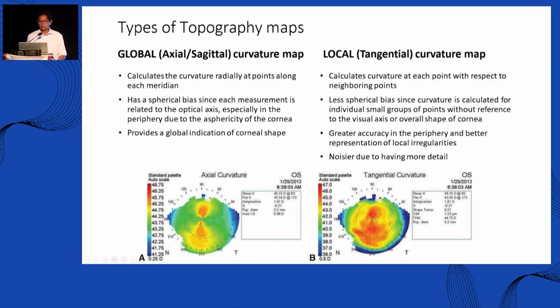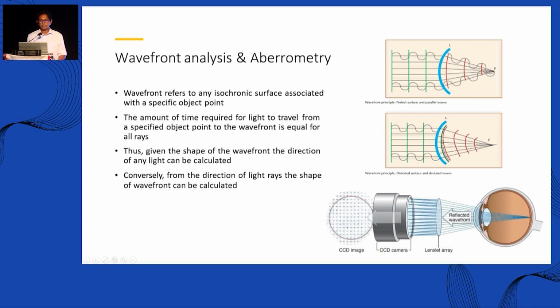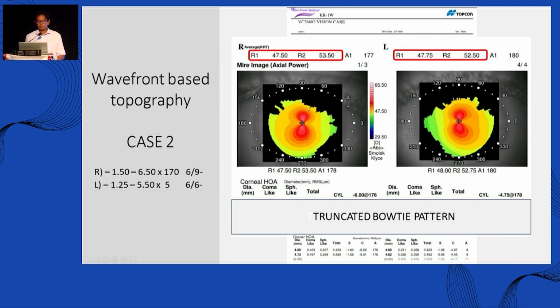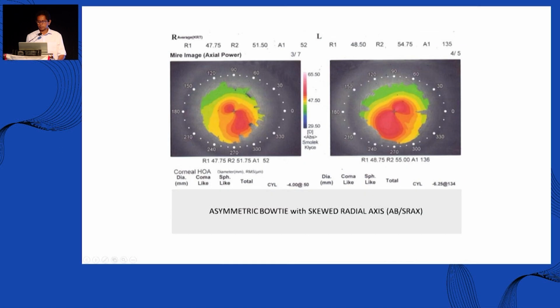I think we'll leave the details aside. And then you have the wavefront analysis, which gives a better picture actually. This is a wavefront based topography from case 1, which has a symmetrical bow tie with the rule astigmatism, and the other patient has a truncated bow tie, slightly asymmetrical, truncated appearance, again typical of keratoconus.